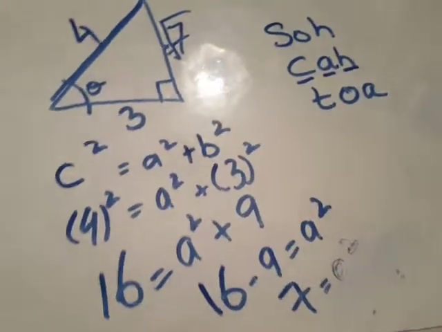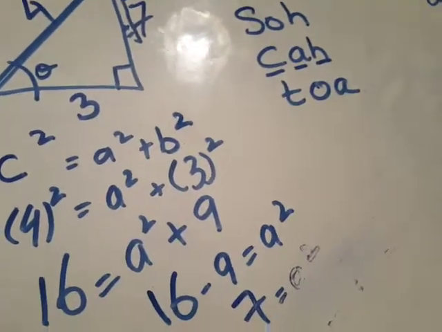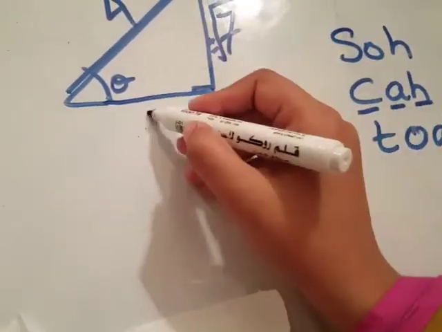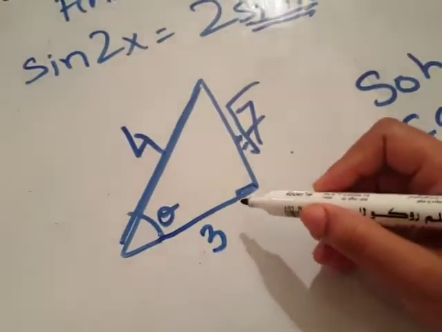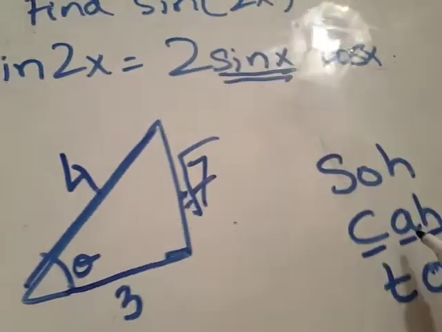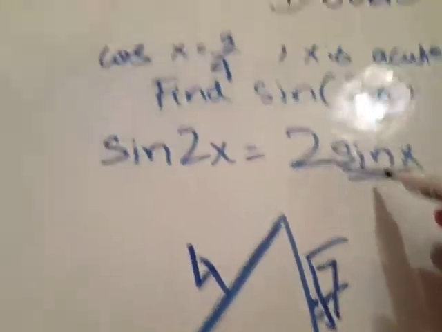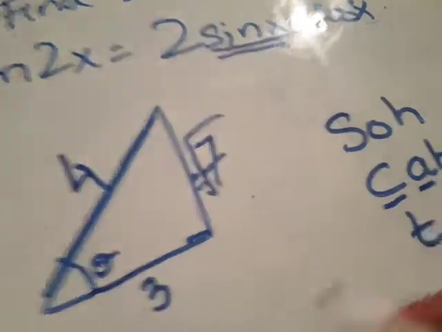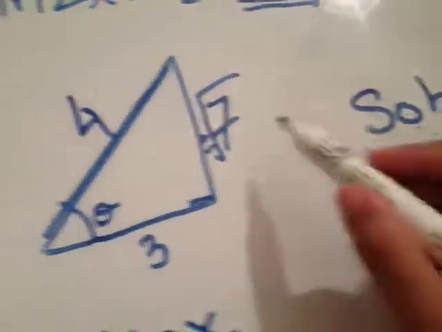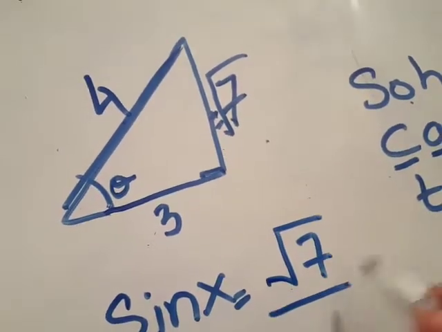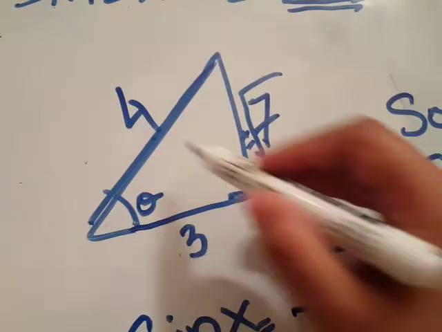Now I have adjacent, opposite and hypotenuse, right? So can I write the formula for sine x? My sine x is opposite over hypotenuse. It's under root 7 over 4, since the hypotenuse is 4.